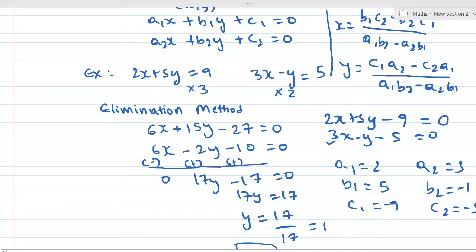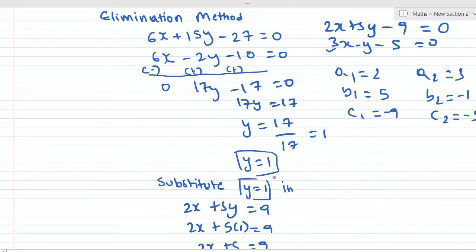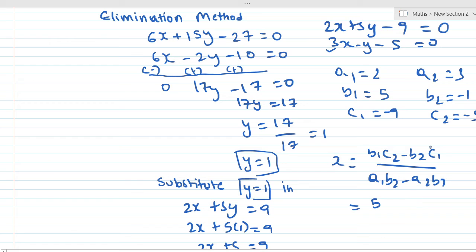Let us see. X equals b1 c2 minus b2 c1 by a1 b2 minus a2 b1. So b1 is 5, c2 is minus 5, so 5 into minus 5, minus b2 which is minus 1, c1 is minus 9.